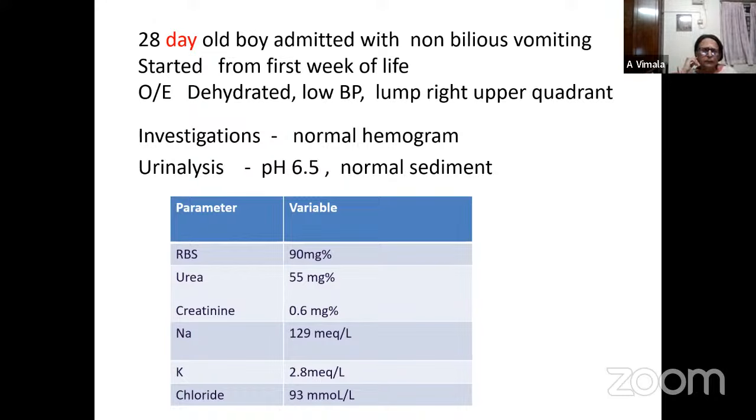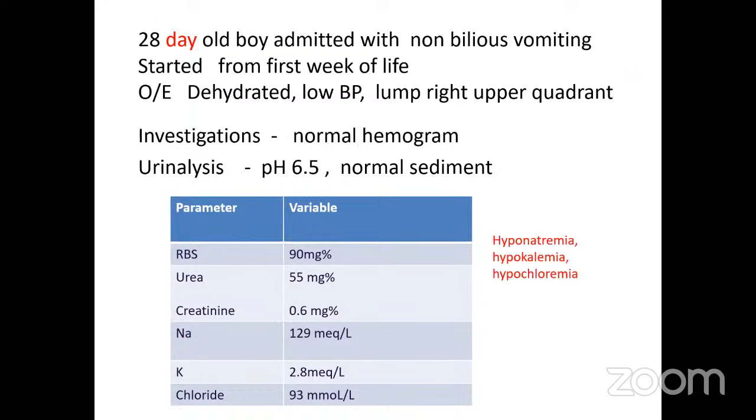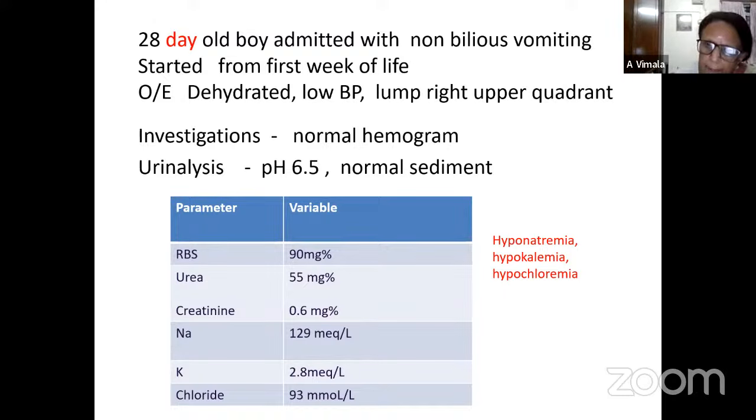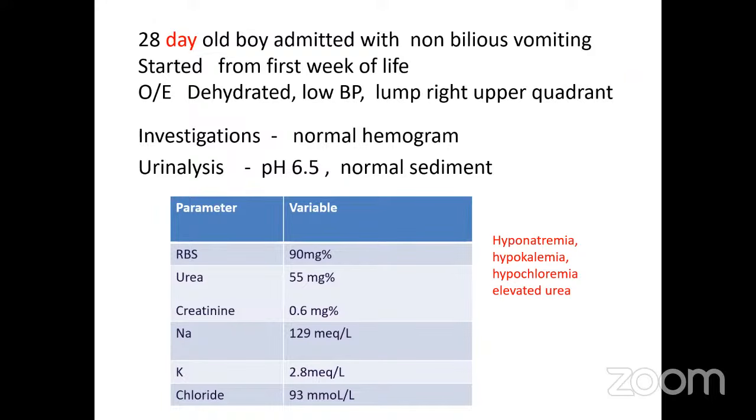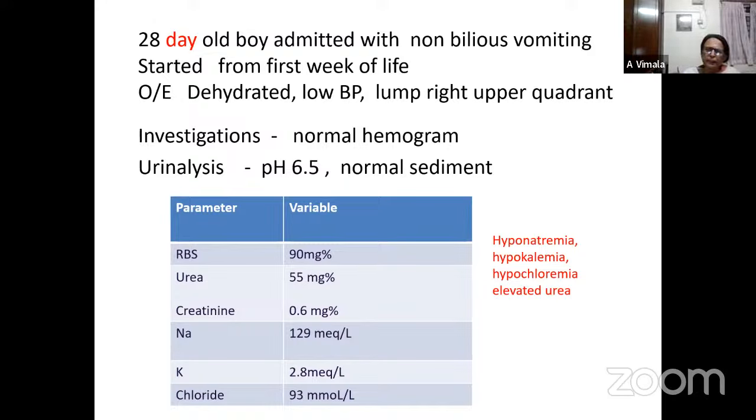Anybody? So, there is hyponatremia, hypokalemia, hypochloremia with elevated urea. This is the background in which we are seeing the child with vomiting. So this is the typical metabolic abnormalities resulting from vomiting. We will not go into the pathogenesis, etc., because this is a class on analysis of ABG only.